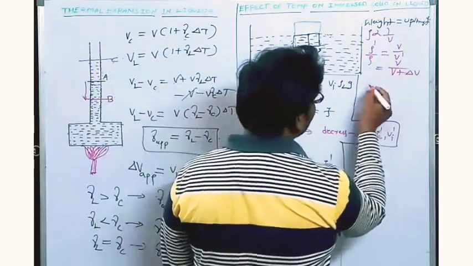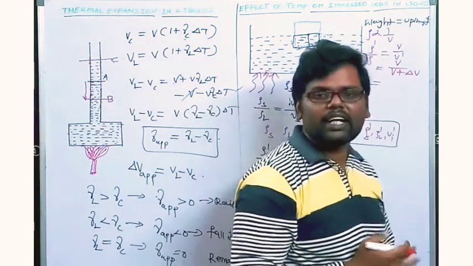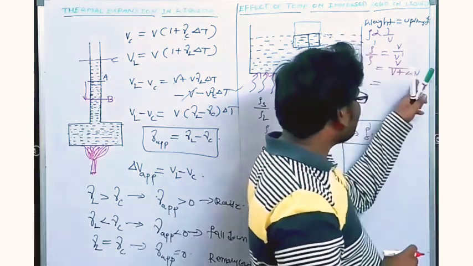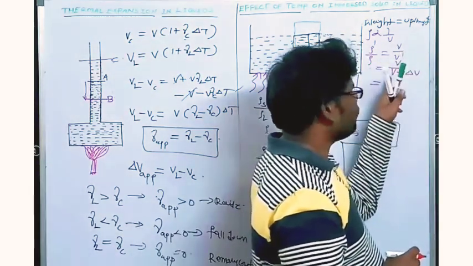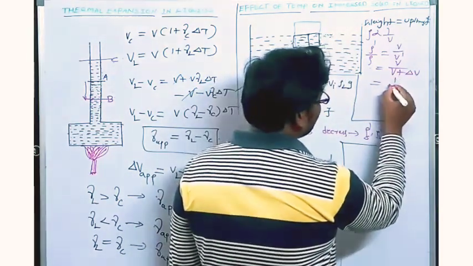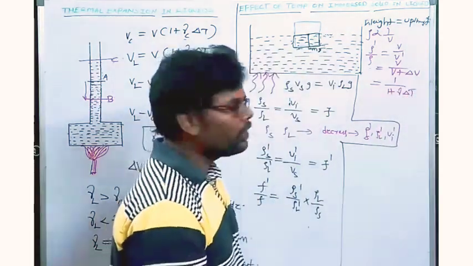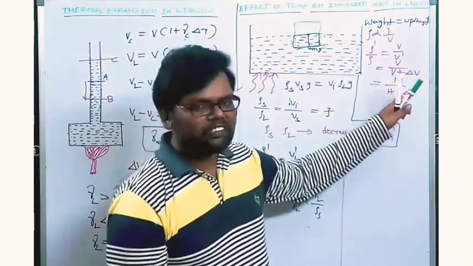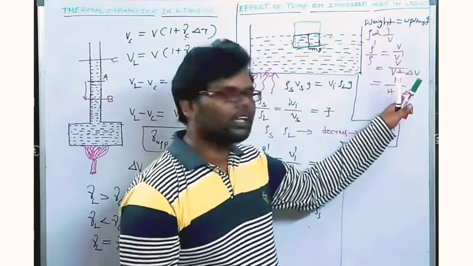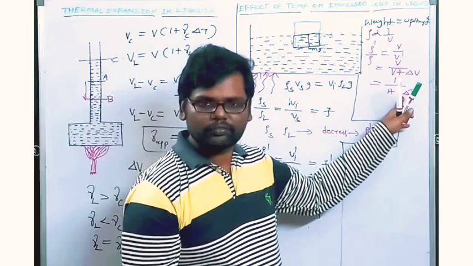So here delta V means V gamma delta T. So here V will be common, and V and V will cancel each other out, right? The final thing is 1 by 1 plus gamma delta T. If you are writing for liquids, you have to take it as gamma L. If you are writing for solids, you have to write it as gamma S, isn't it?